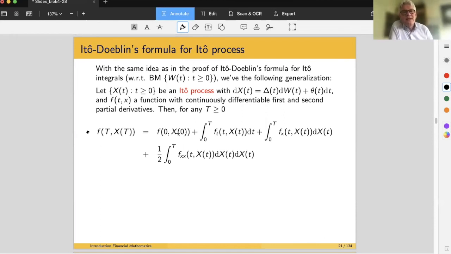So this is the generalization of the Ito-Doeblin formula when we are dealing with an Ito process.